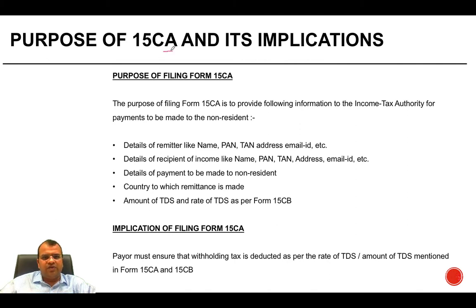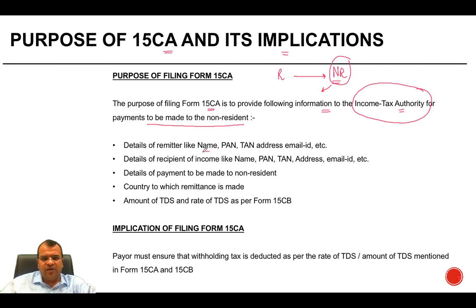So what is the purpose of filing Form 15CA and its implication? The purpose of filing Form 15CA is to provide the following information to the Income Tax Authority for payments made to non-resident. The Income Tax Authority wants to follow up and keep a record of what payments are made by residents to non-residents, and while making these payments, whether the non-resident has paid what is due as taxes from them in India.